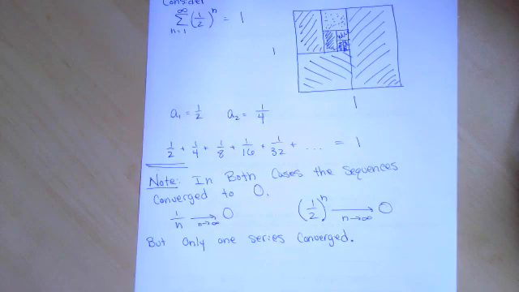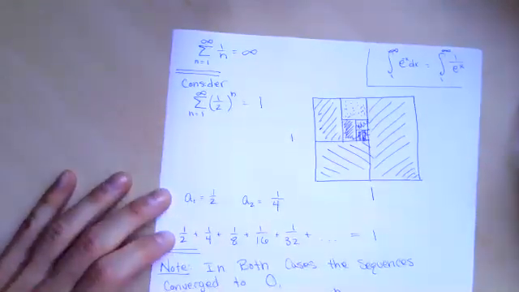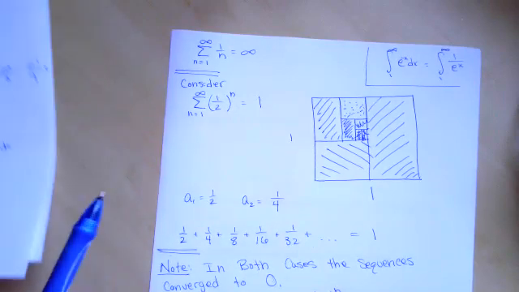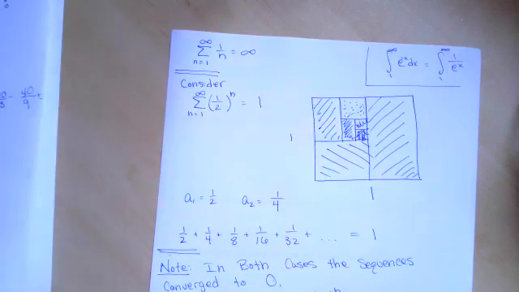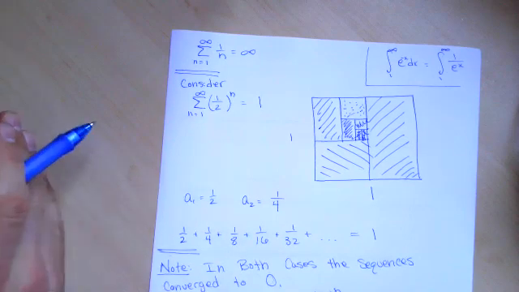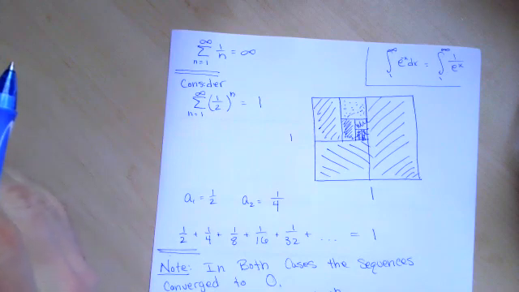If I want a series to converge, then the sequence of individual terms has to go to 0. And hopefully that should make sense, by our harmonic series example, that I can't add up a constant number. If I'm adding up 1 plus 1 plus 1 plus 1 plus 1, the more ones I add up, the closer we're going to get to infinity.